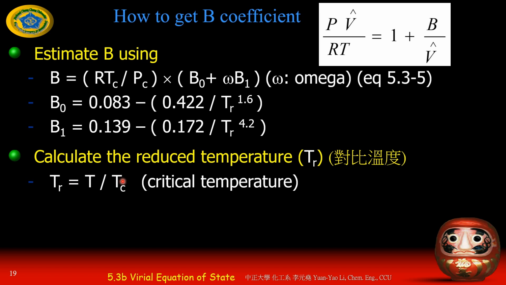If we use nitrogen, that will be the temperature of nitrogen divided by the critical temperature of nitrogen. Okay, so you need to know the definition of TR. And this is a dimensionless quantity, right? Dimensionless quantity.